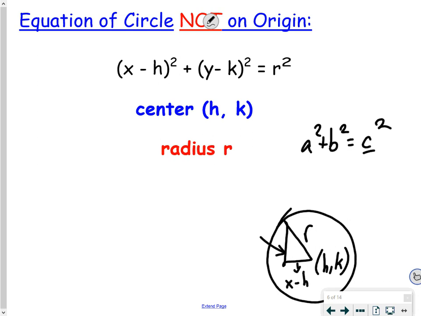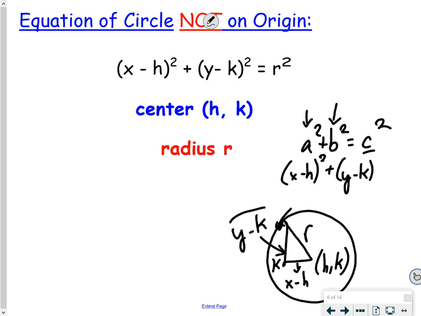For the vertical segment, this is our y coordinate, and this would be k, so that would just be y minus k. So when we plug this into the Pythagorean theorem, a is just x minus h, b is just y minus k, and c is just r. So that's how we get this equation.